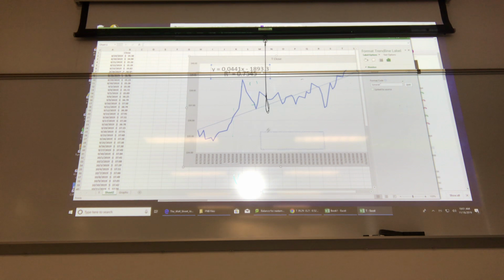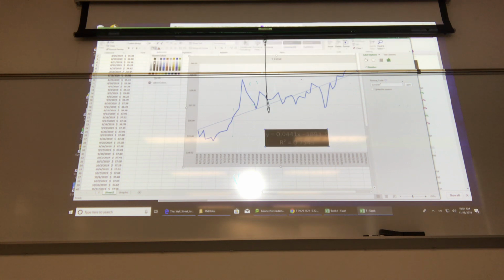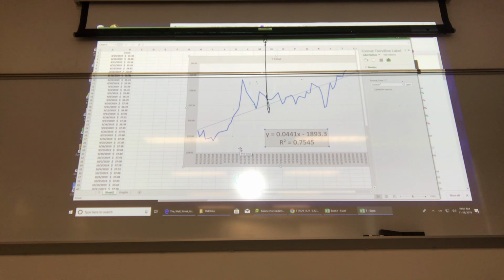I take it and put it down here so I can write it. And I want to put the same color here, so I can see it and not have any problem.